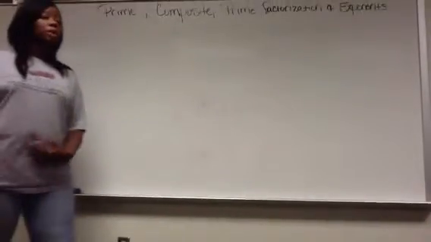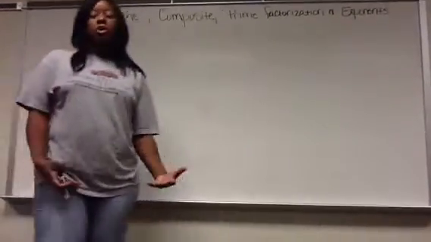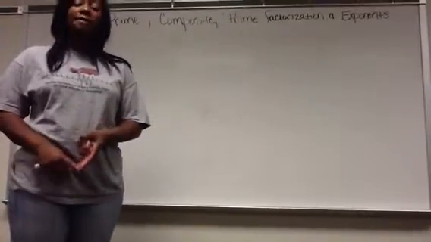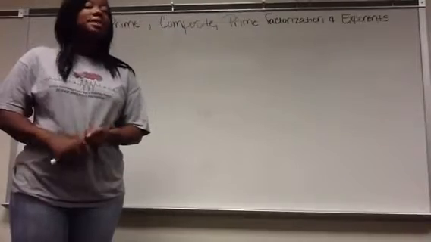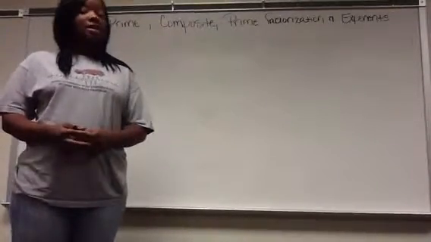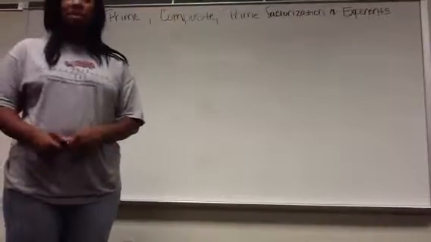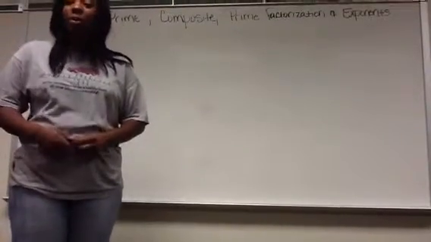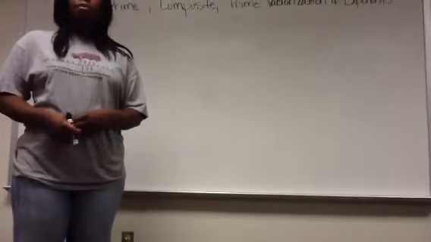Okay, the first thing I want to talk to you about are prime numbers. Prime numbers are numbers like 3, 5, 7, 11, 13, 17, 19, 23. I could go on and on and give you lots of examples. You need to know what makes a prime number a prime number.